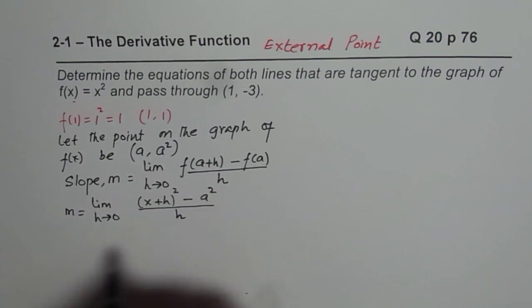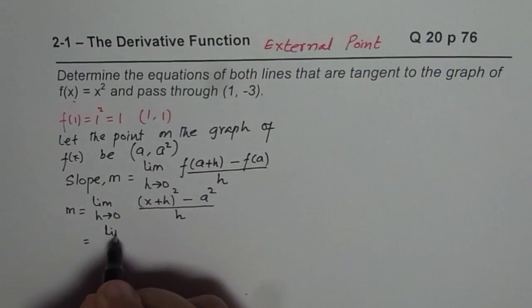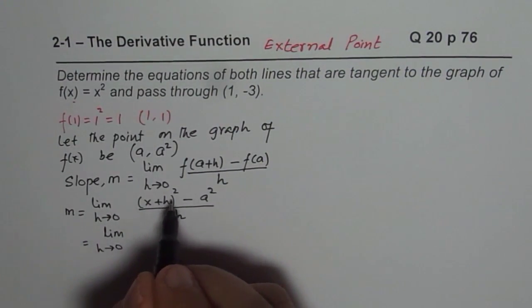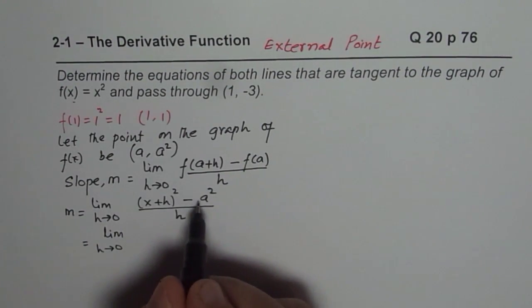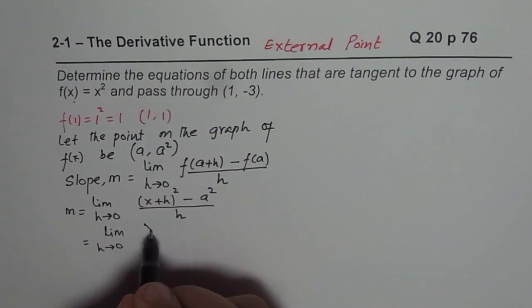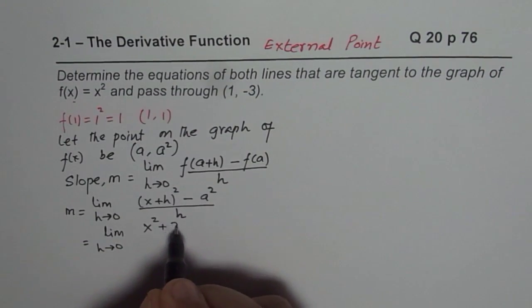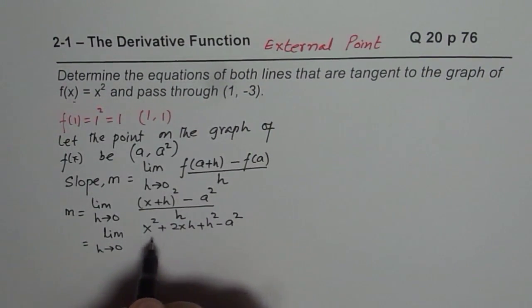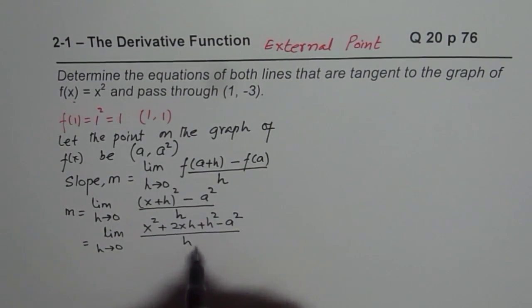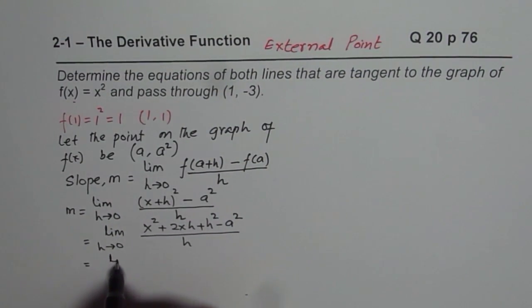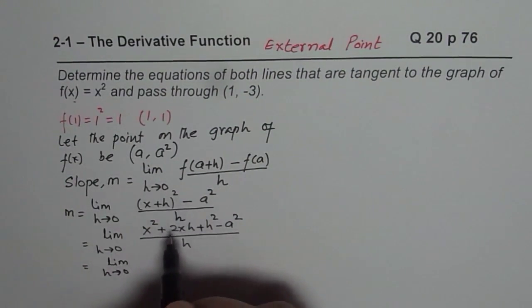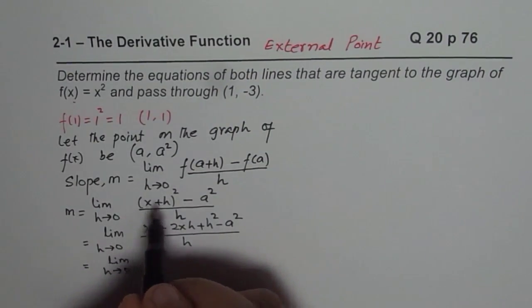Correct. So we could now write this as limit h approaches 0, expand this. Some people can factor and then do it also. I prefer to expand it at this moment. x squared plus 2xh plus h squared minus a squared, divided by h. I'm sorry, I should have replaced x with a, right?